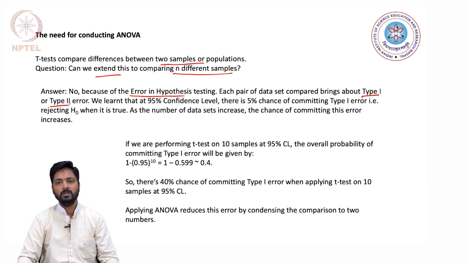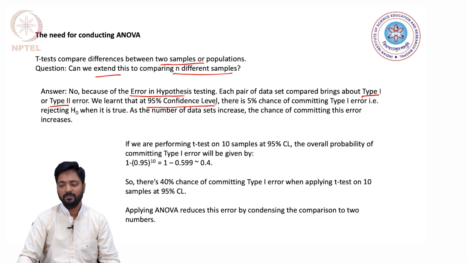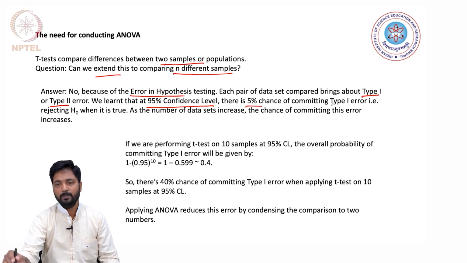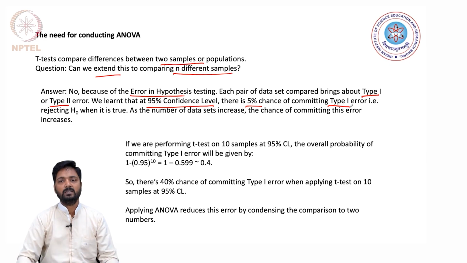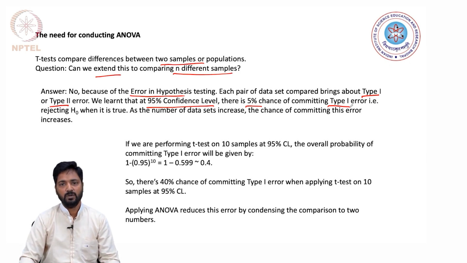For example, we learnt last week that at 95% confidence level, we still have a 5% chance of committing type 1 error. And type 1 error is when we are rejecting H naught, or the null hypothesis, when it is actually true.